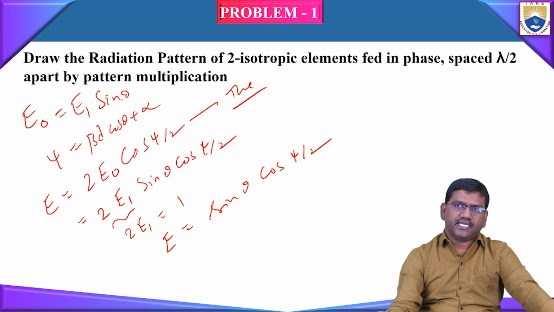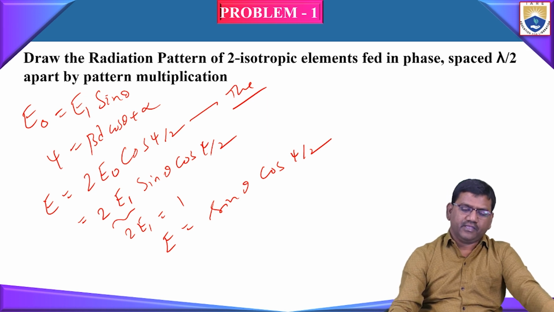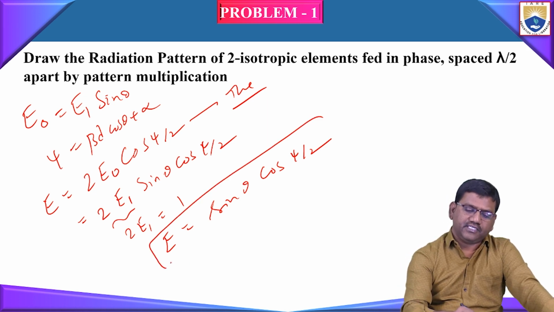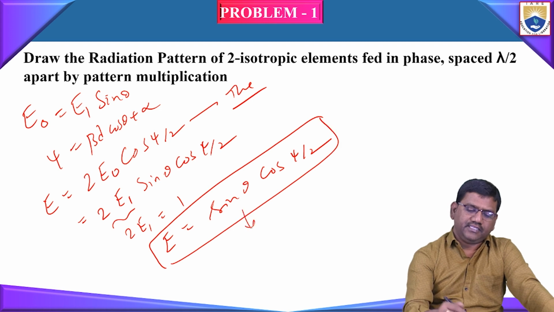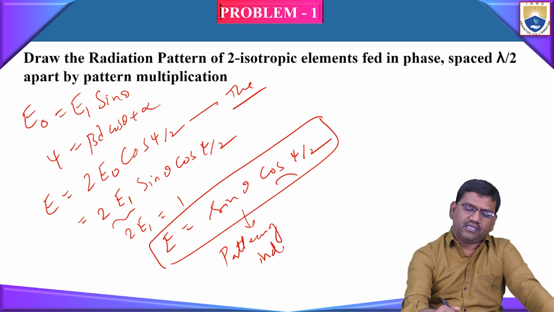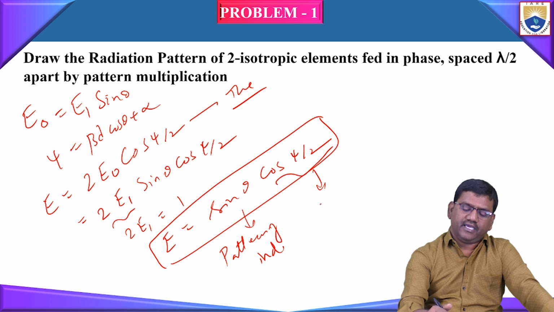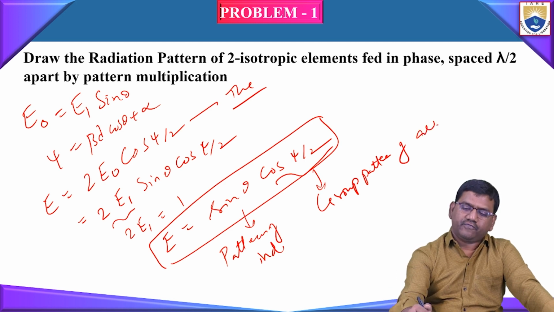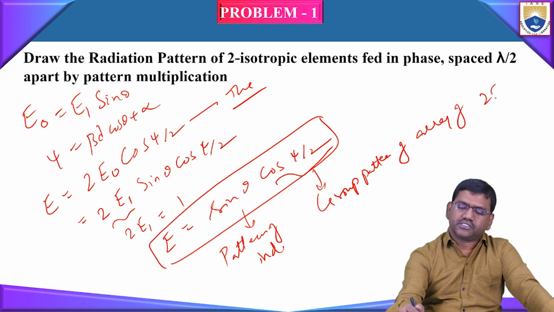From this function, the sin theta indicates the pattern of the individual element, and the cos psi by 2 indicates the group pattern of the array of two sources.